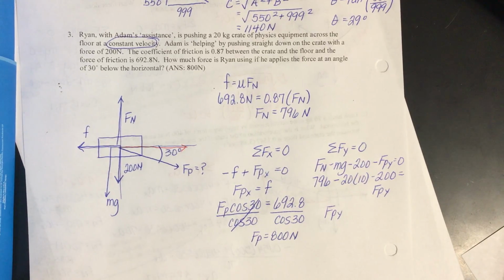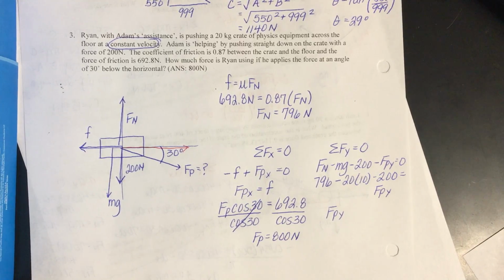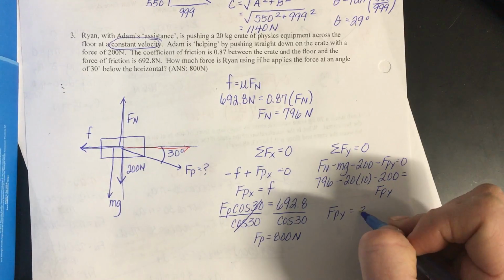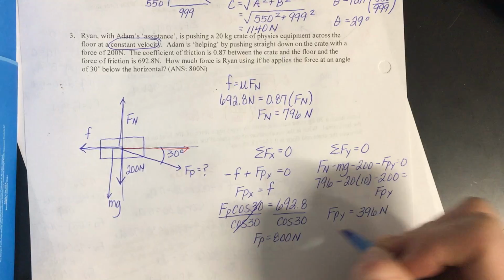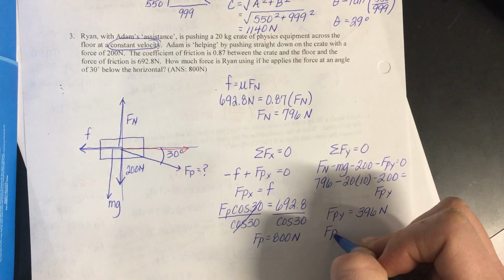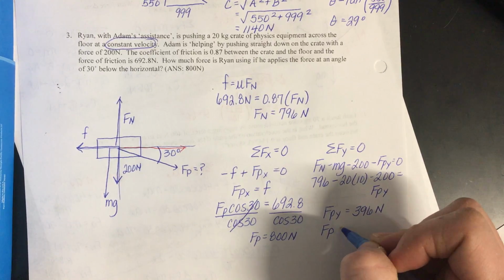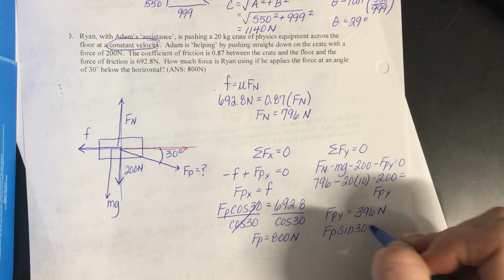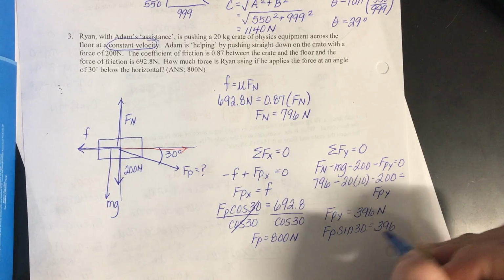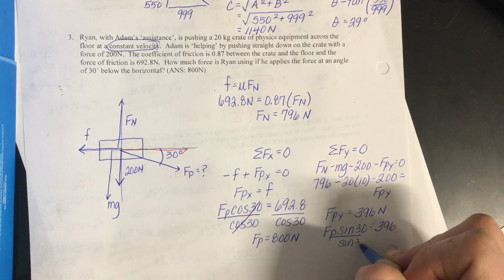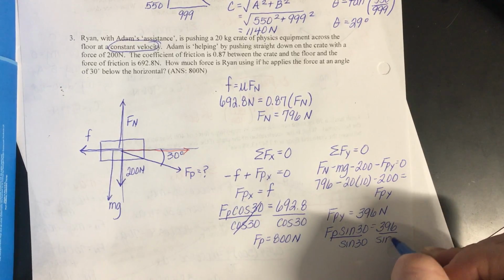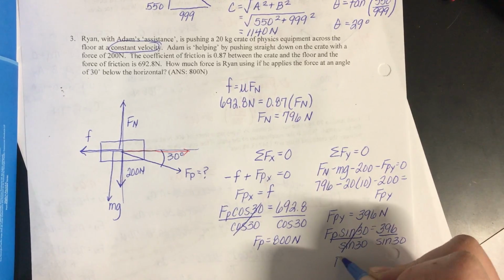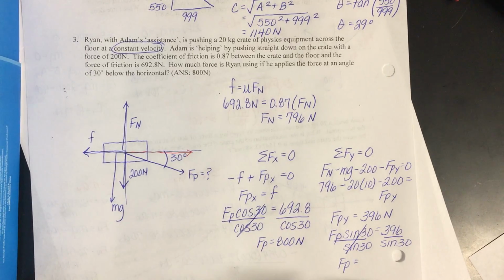That would give you 396 newtons. And you know that Fpy is equal to Fp sine of 30. And so you could also find the force of the push using the y direction. Either way is acceptable.